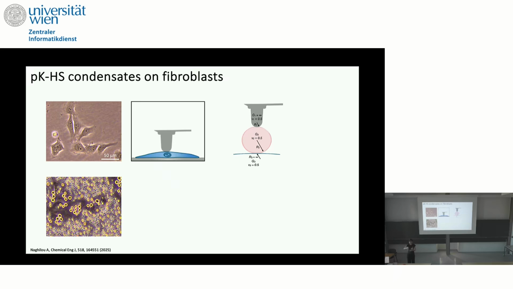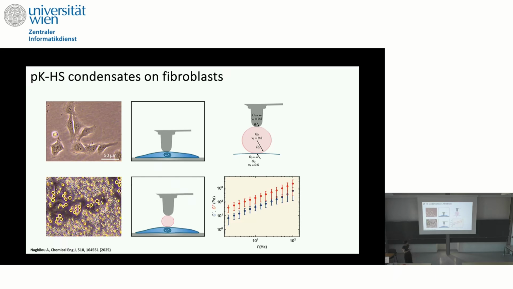And by that, also at each frequency, you can get the mechanical or the rheological properties of the condensate that is sitting on the cell. And we did that, and then afterwards, we again probed the condensates while they were sitting on the cells, like you see here. And we got the rheological properties of the condensates also while being in interactions with the cells, which again, for me, as someone who works in the applied field, is quite cool.